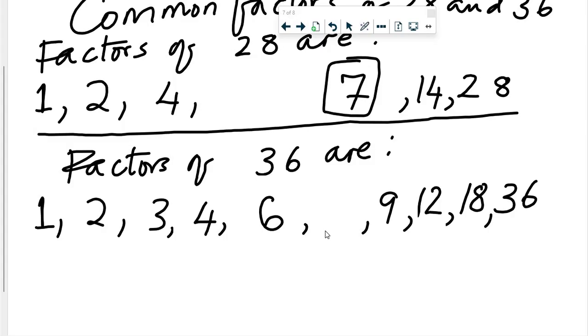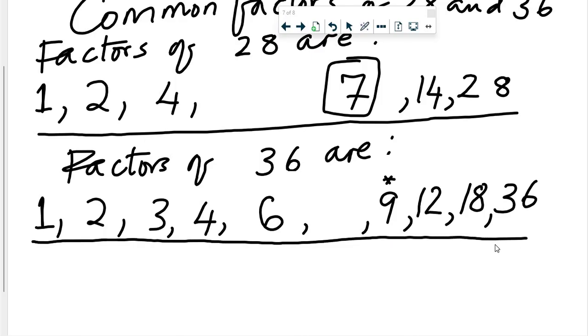Find out. Okay, that is not possible. So 7, 8, no. 9, yes. It is already written here. So the factors of 36 are 1, 2, 3, 4, 6, 9, 12, 18, 36.